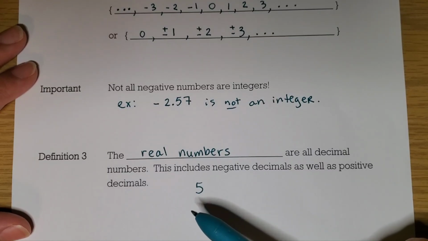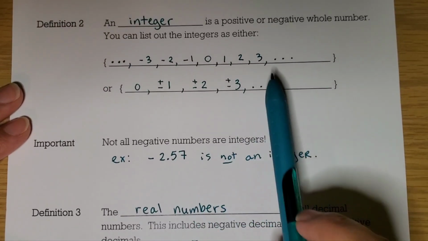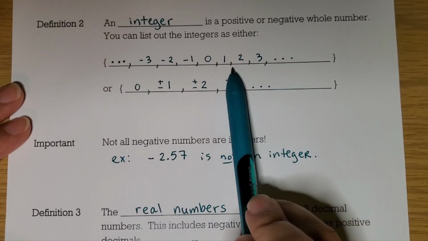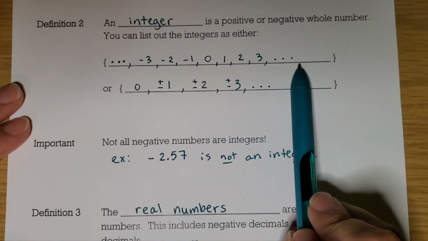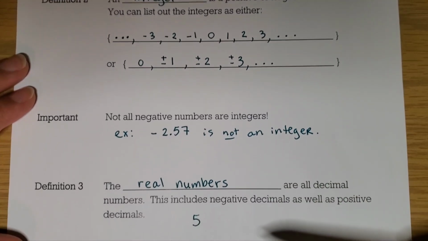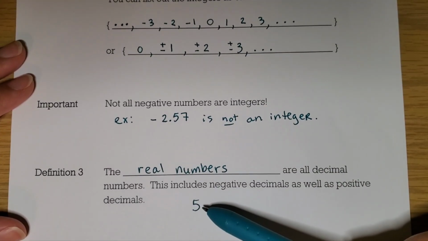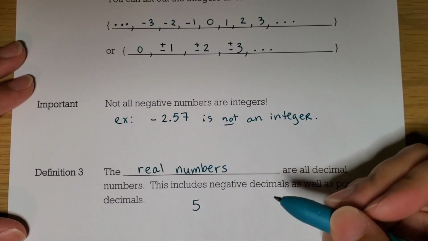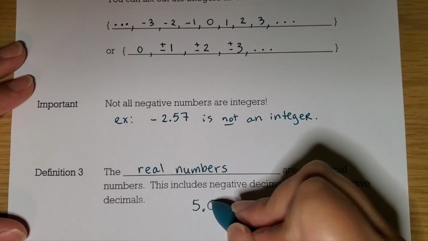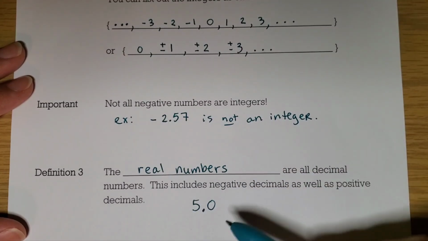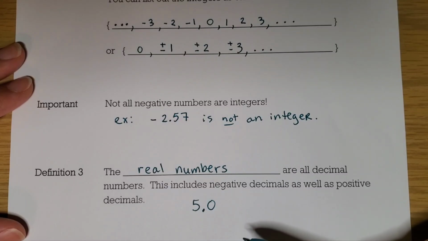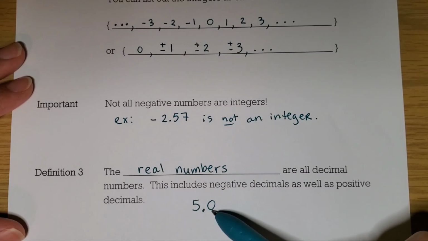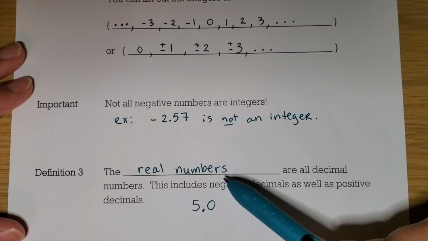It's also an integer because it would show up a little bit later on our list, 1, 2, 3, 4, 5. It's also a real number because you could think of 5 with an unnecessary 0, so 5.0, that's a decimal number, and so that means it's a real number.